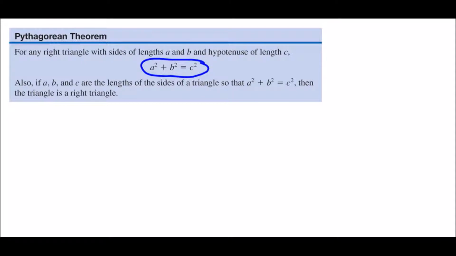If you want to solve for a missing side or angle of a triangle that's not a right triangle, you have to use something different, like the law of sines or law of cosines, other formulas that we're not covering in this video. Pythagorean only works for a right triangle. A and B are just any two sides of the triangle, but C, the one that the equation is always equal to, is the hypotenuse. That's the most important thing when setting up a problem.